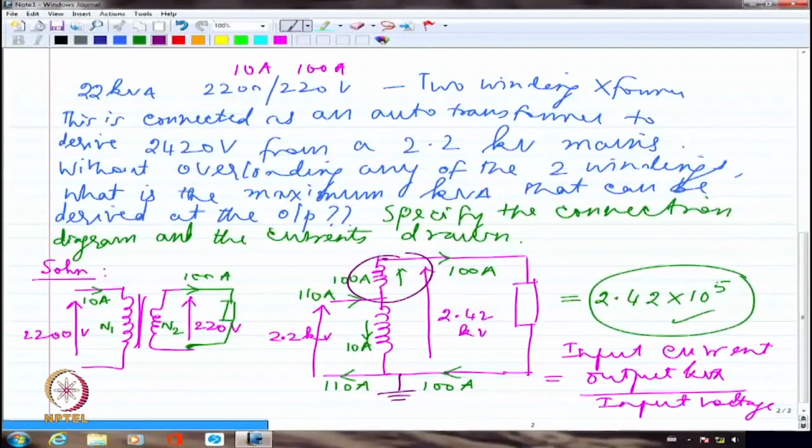Between the two windings, that is two ends of the winding. But that is not going to matter, right? Because overall, what is the stress it is facing? It has to look at that. The overall stress it is facing is whatever is the voltage here with respect to the surrounding air. That is surrounding air.